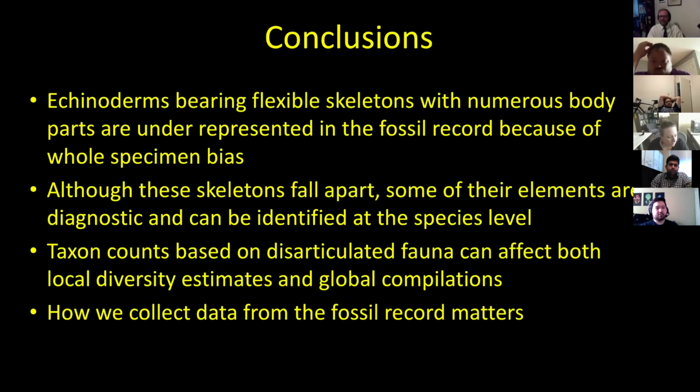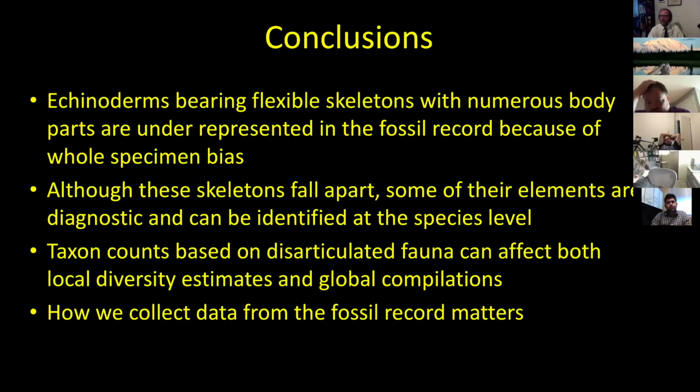Although these skeletons can fall apart, some of the elements are diagnostic and can be identified at the species level. Taxon counts based on disarticulated faunal elements can affect local diversity and the estimates for global diversity compilations. In other words, how we collect data from the fossil record really does matter.